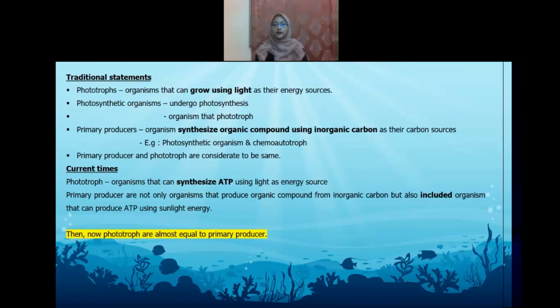A phototroph is now an organism that can synthesize ATP using light as its energy source. And the primary producer is not only organisms that produce organic compounds using inorganic carbon, but also includes organisms that can produce ATP using sunlight energy. So now phototrophs are equal or almost equal to primary producers, because the meaning of primary producer is the same as that of phototroph.